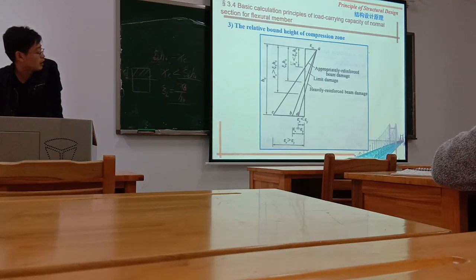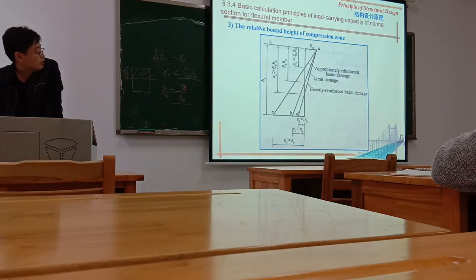Once the compression height xc is larger than this, that means your beam is over-reinforced. That means you put too much steel inside.